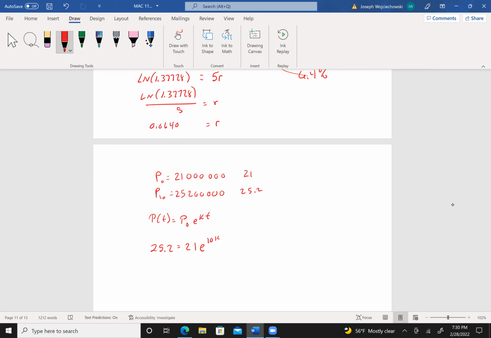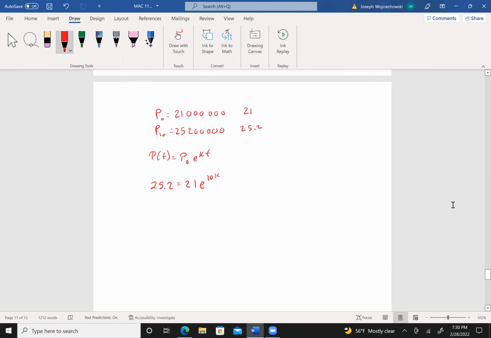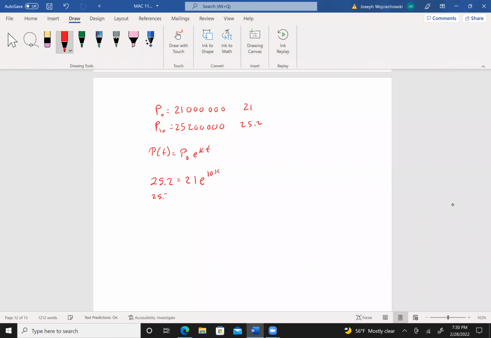Now we can do some division here. We get 25.2 divided by 21 equals e to the 10k. Take the logarithm of both sides: the natural log of 25.2 over 21, and we know this is simply 10k. So k is equal to the natural log of 25.2 divided by 21, all divided by 10.